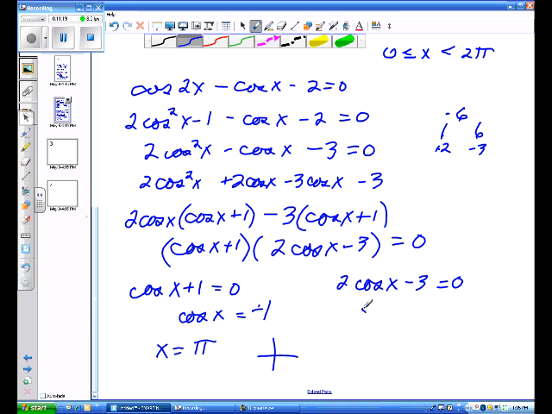Now here we would add 3 and divide by 2. We get 3/2. Well, there's no value for x where the cosine would be 3/2. Remember, it always has to be between -1 and +1. So there's no solution there. So our only answer for this one would be that x equals pi.